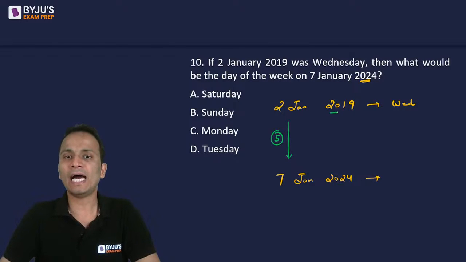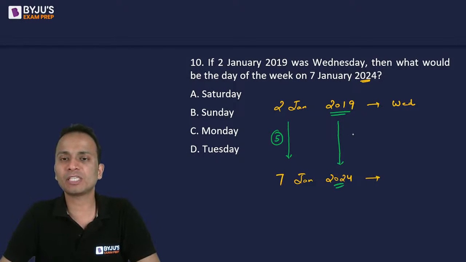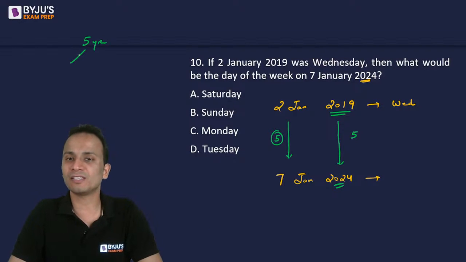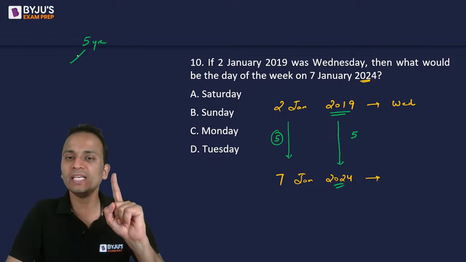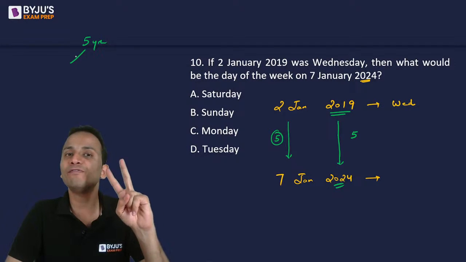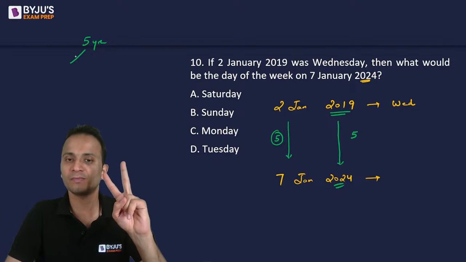And from the year 2019 to 24, how many odd days will there be? So the number of years elapsed is 5 years. Okay, so I'll do it separately. Out of 5 years, how many leap years will be considered? 2020 is the first leap year. Should I be considering 2024 as well as a leap year?